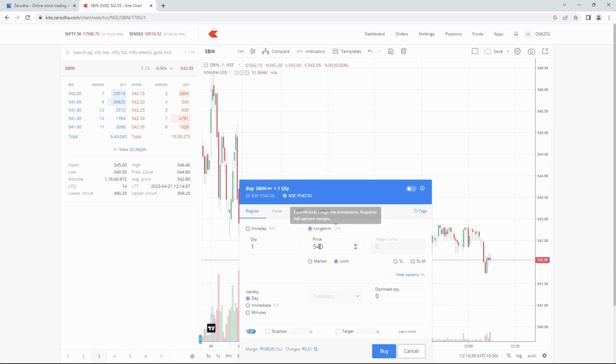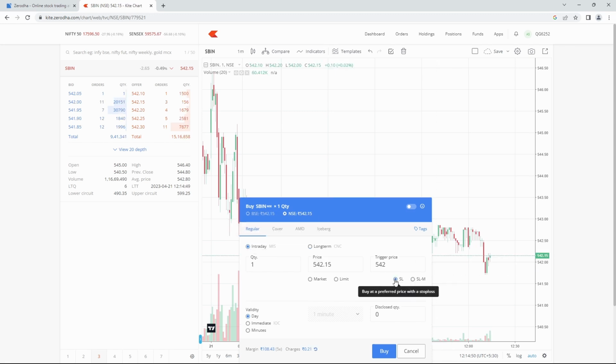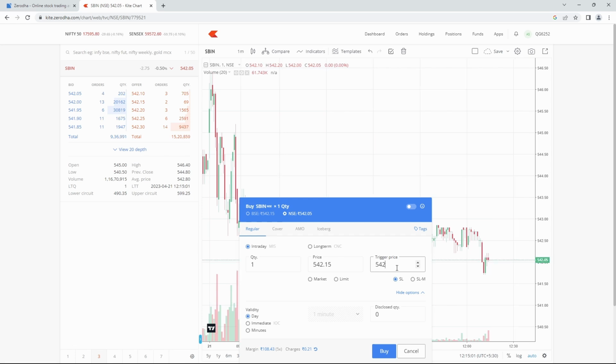As you can see, you will be able to do the same in the long term as well, and in these particular options you will be able to see SL and SL market order as well. So an SL order is nothing but a stop loss order, which gives you an opportunity to put a stop loss as well, so that you can make sure that you are diminishing the amount of risk, or you are basically planning your risk management with the help of this particular price range.